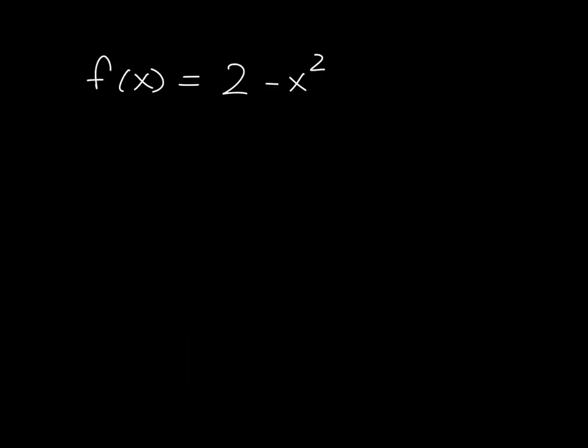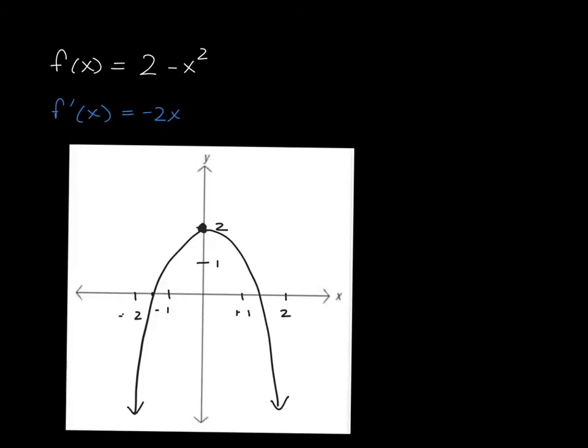Okay, so our original function was 2 minus x squared, and we found that the first derivative was equal to negative 2x. To understand this a little bit better, let's take a graph and talk about it. So what does all of this mean? Let's say, for example, I want to explore what happens at f of 1.